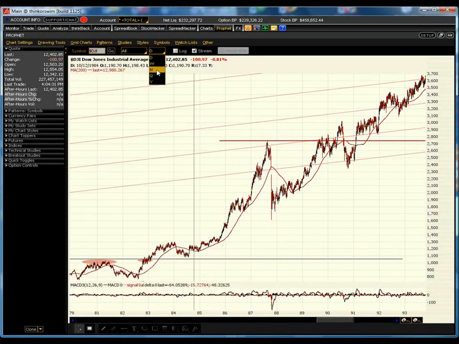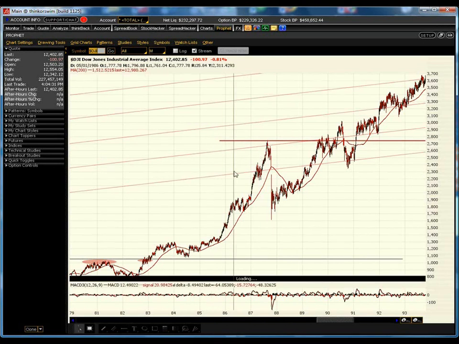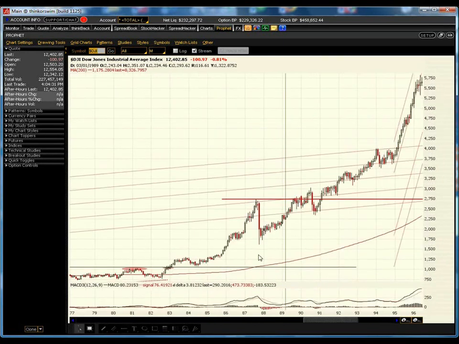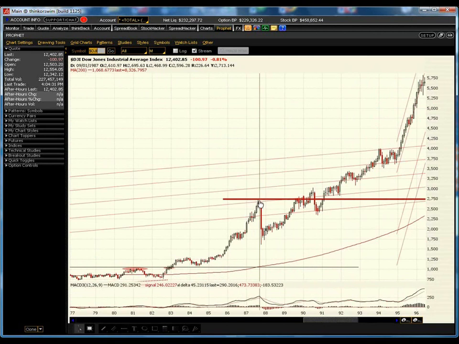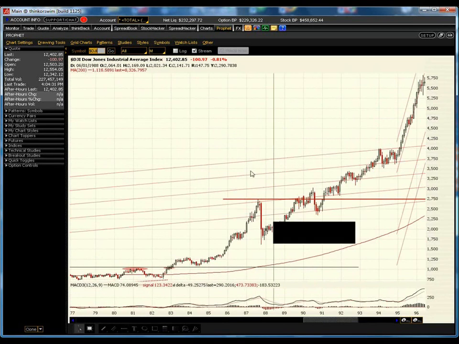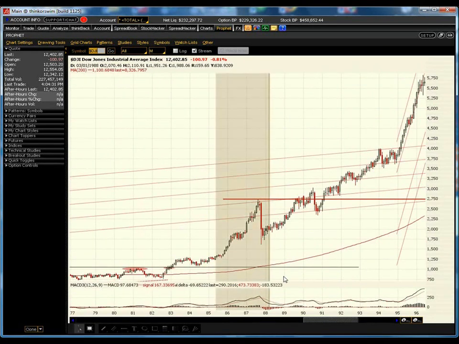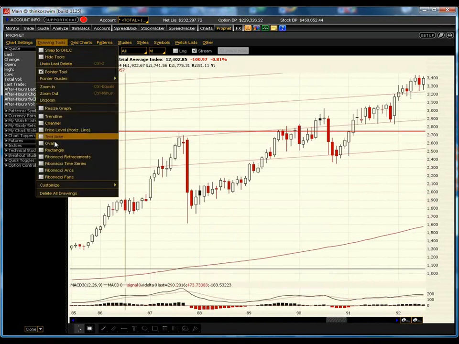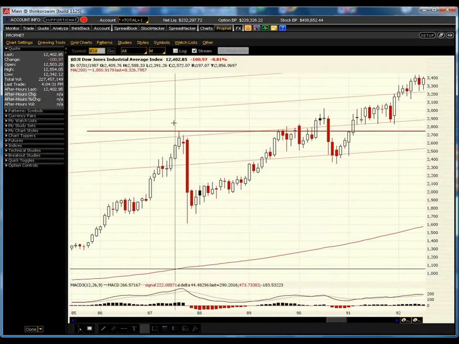And let's go back to our monthly chart because it's a little bit easier to see the detail here. So what happened? We hit this resistance level right around 2,750, and let's go back to our drawing tools, to our oval.